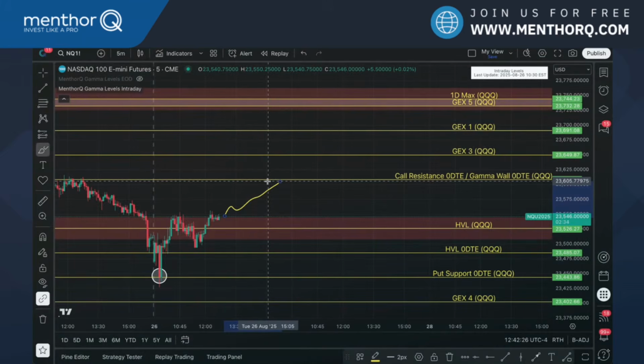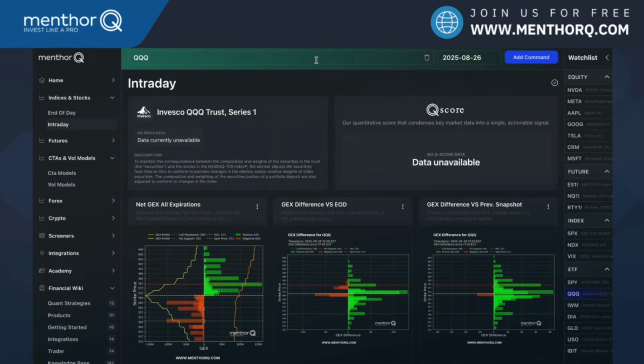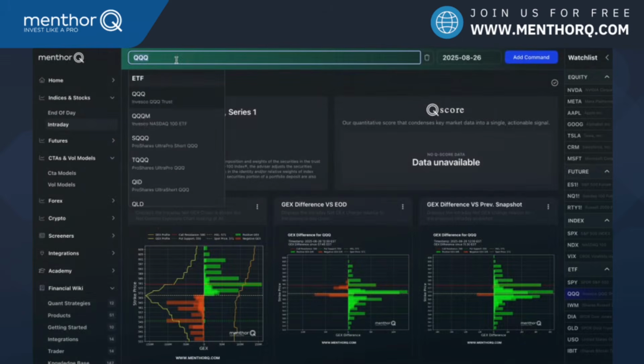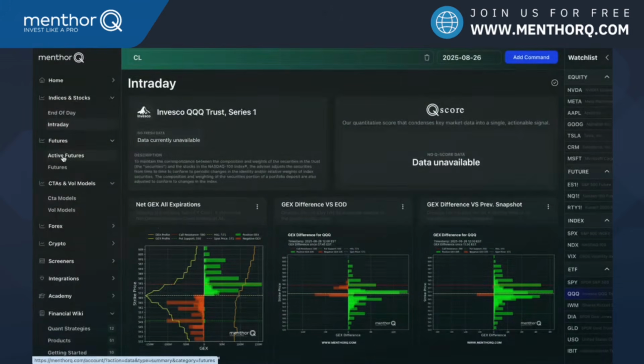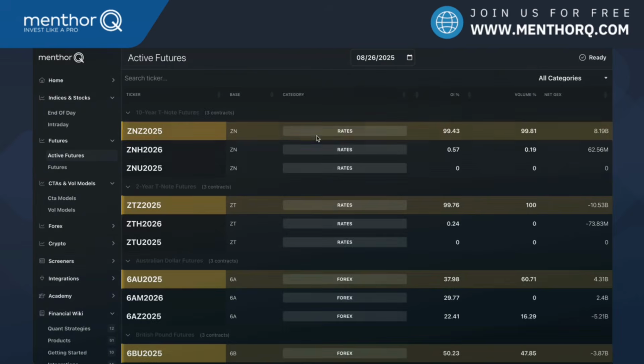So what do you see in something like Crude right now? Because I want to see if that matches my thesis that it's going to get crushed. It's kind of holding, but it's in scary territory here. So for Crude, you can look at the active futures section, and then we can look at which contract has the highest option activity.